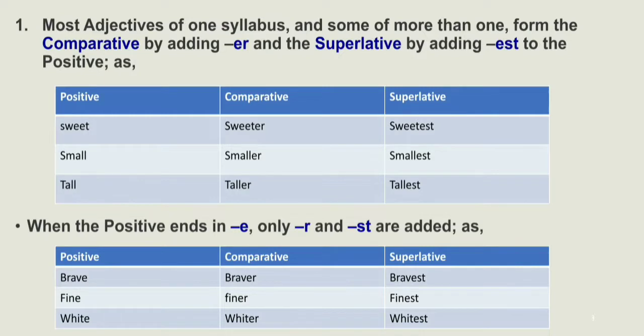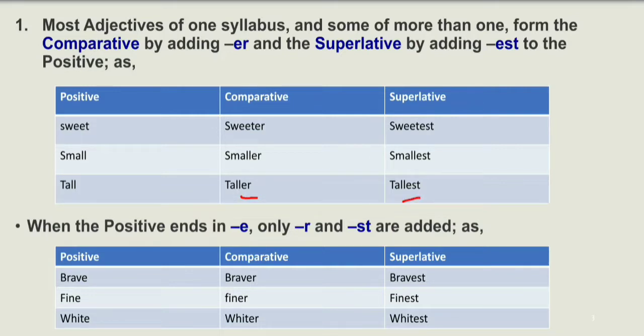Second, when the positive ends in E, only R and ST are added when making the comparative and superlative degrees respectively. In the previous rule, we add ER and EST at the end.